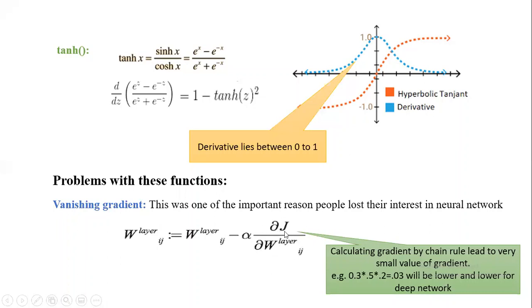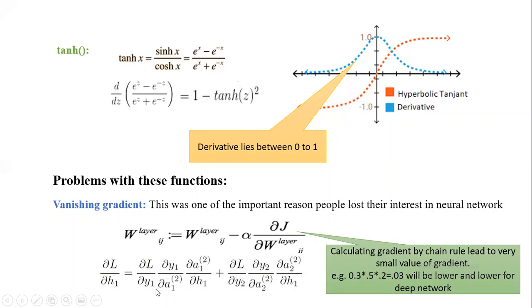When you apply the chain rule, a number of derivatives are multiplied, so multiplying numbers less than 1 gives very small numbers. Like if you multiply 0.3 with 0.5 with 0.2, you will get 0.03. This value decreases very rapidly when the network is very large. That's why we don't use the sigmoid function, because if this is 0, there will be no further updation.